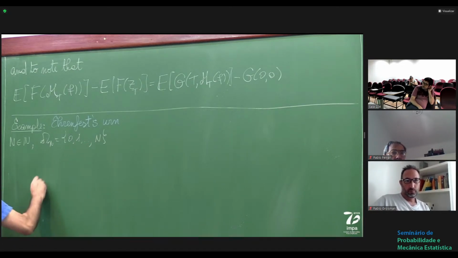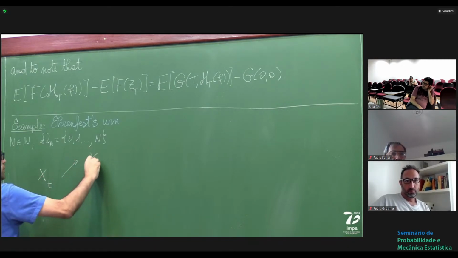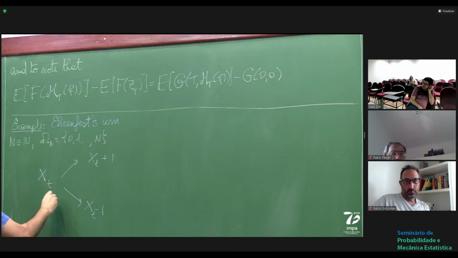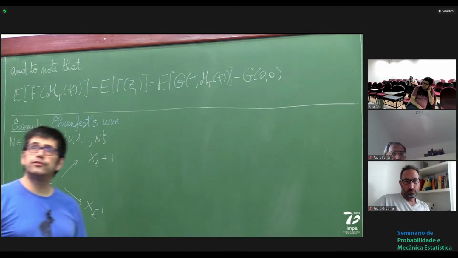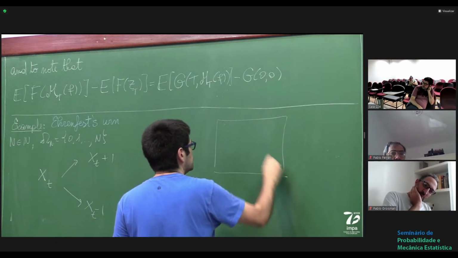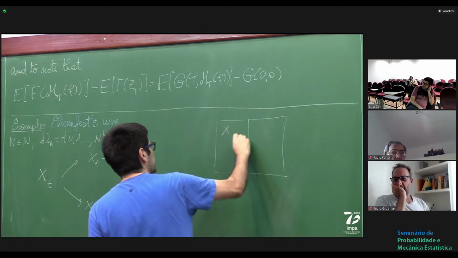And then our Markov chain Xt can go to Xt plus 1, or it can go to Xt minus 1. The idea is that in the Ehrenfest urn, you have a box divided in 2, and there are particles here.